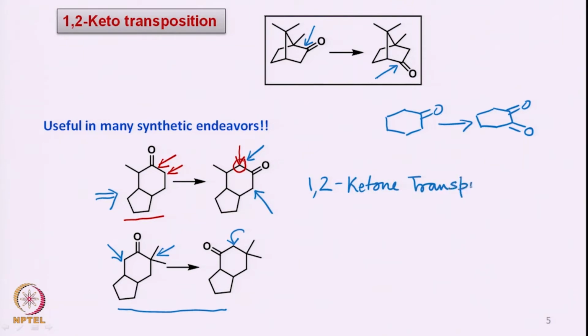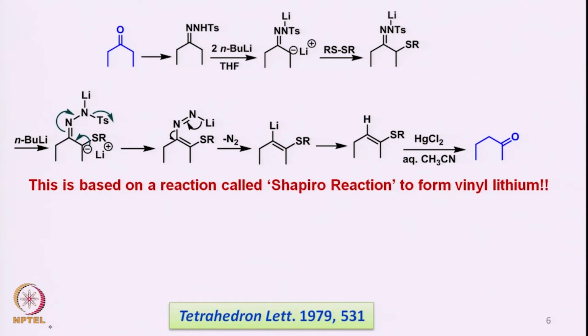There are of course several methods, but we will take one or two methods which use sulfur based or selenium based chemistry. One of the earlier methods was that one takes this carbonyl group, for example 3-pentanone, converts it into the tosyl hydrazone like this, and treats it with 2 equivalents of butyl lithium.